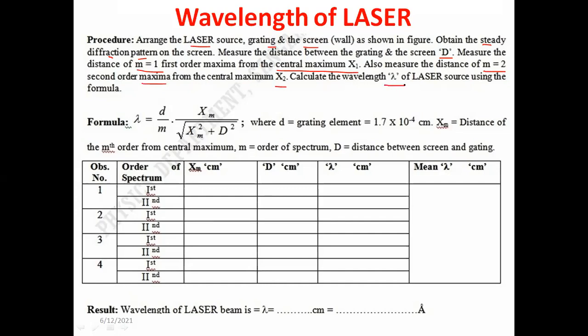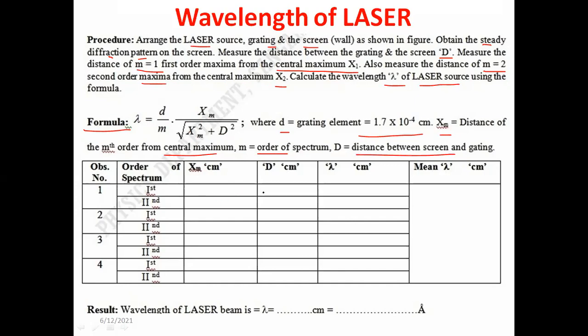Calculate the wavelength lambda of the laser source using the formula: lambda is equal to d divided by m into xm upon root of xm square plus D square, where d is the grating element, xm is the distance of the mth order from the central maximum, m is the order of the spectrum, and D is the distance between screen and grating.